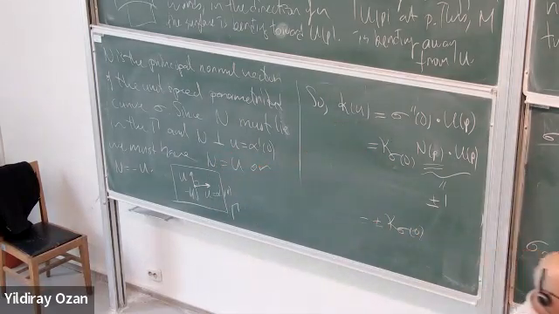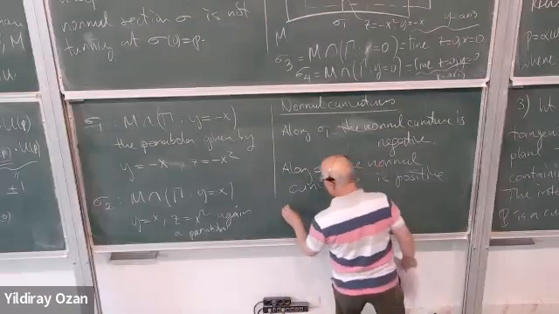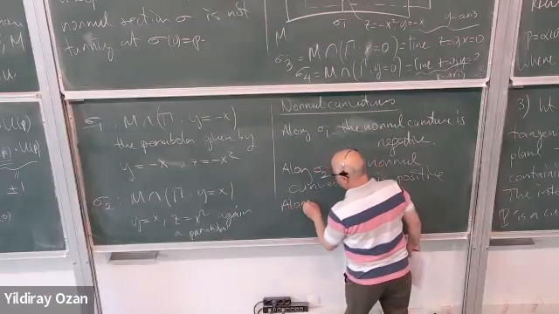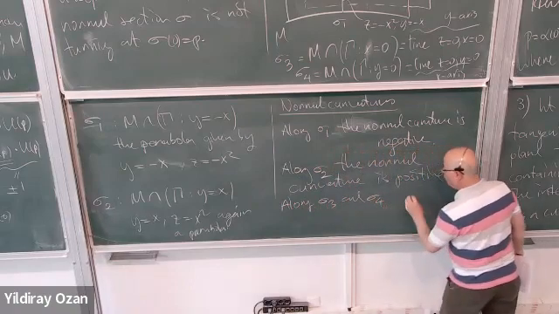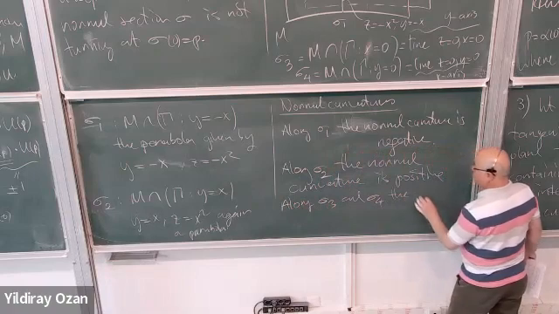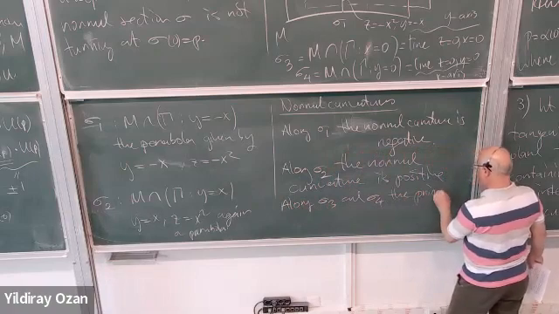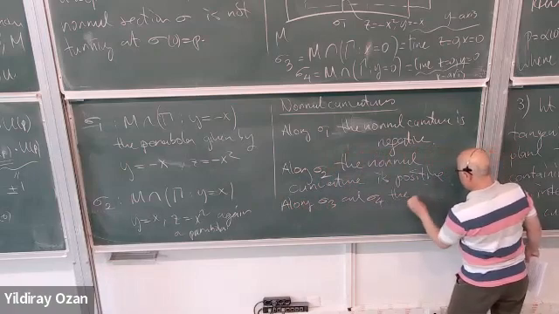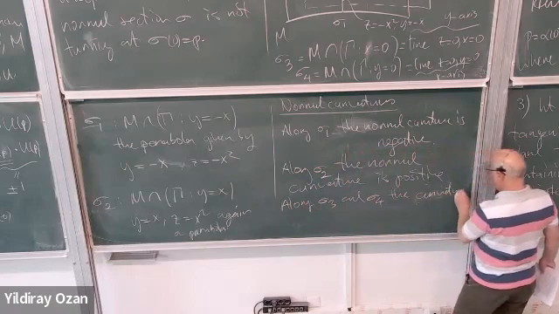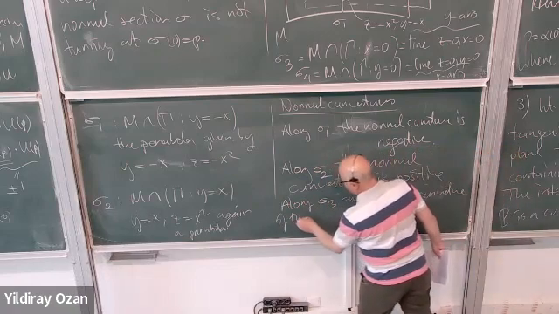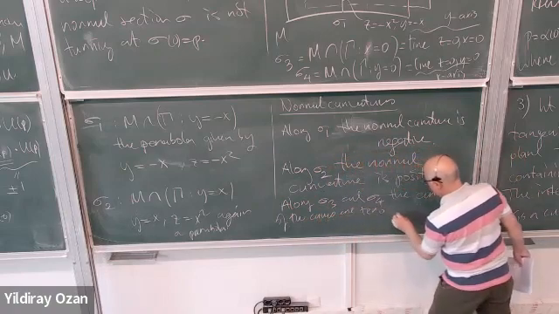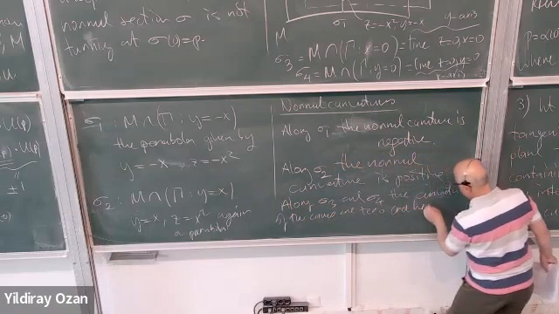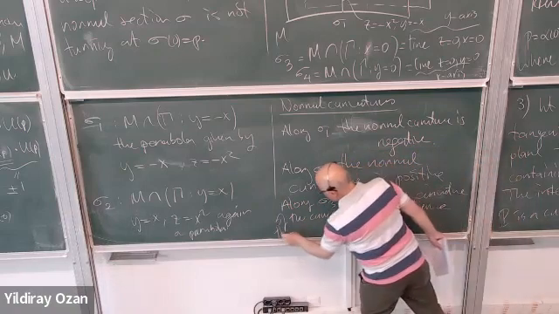So along sigma 3 and sigma 4, the curvature of the curves are 0, and hence the normal curvatures are 0.